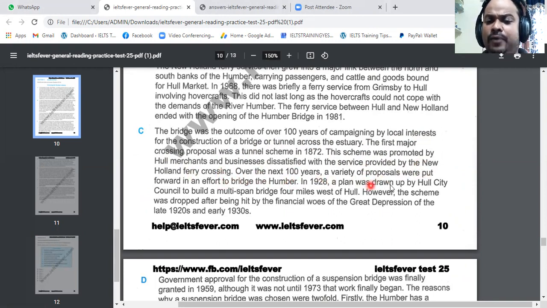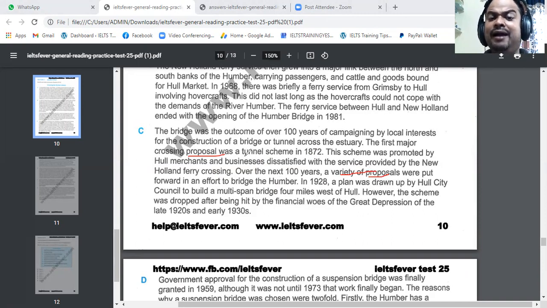Over 100 variety of proposals were put forward, and a plan was drawn up in 1928. How the scheme was dropped. Okay, so it's all about proposals. You can see the word proposals here. Proposals, proposals, a variety of proposals here.